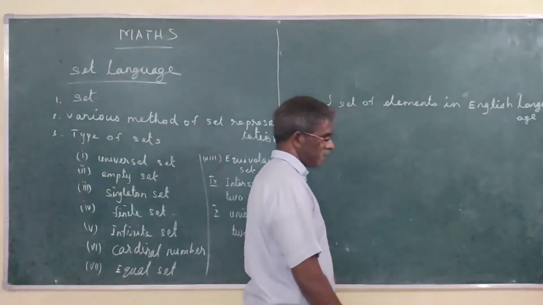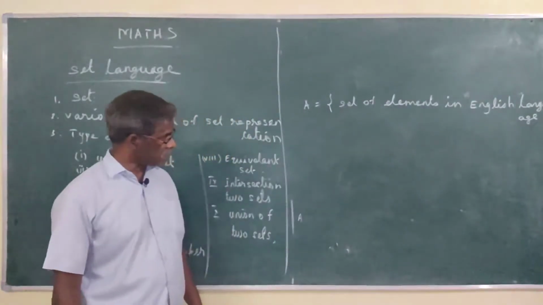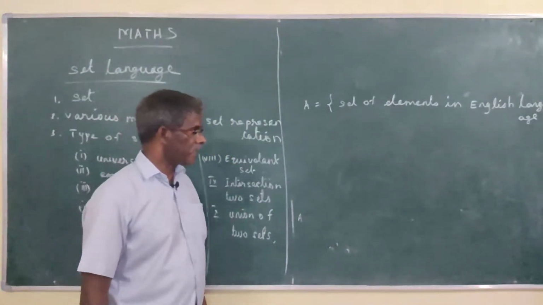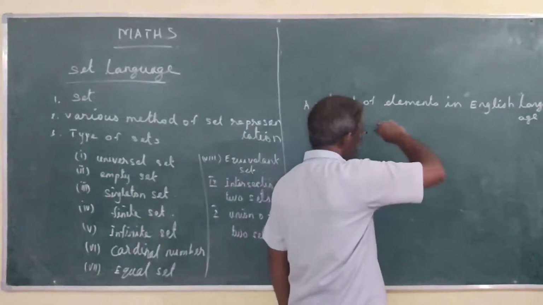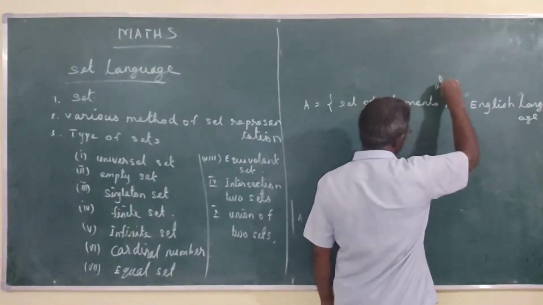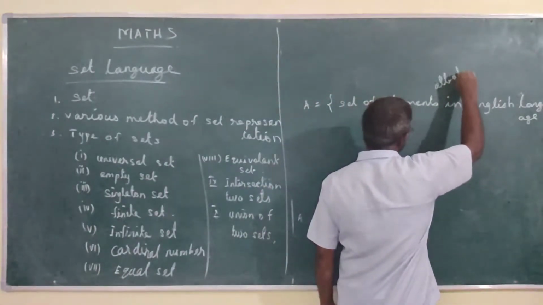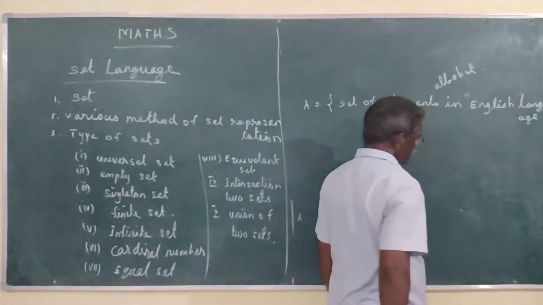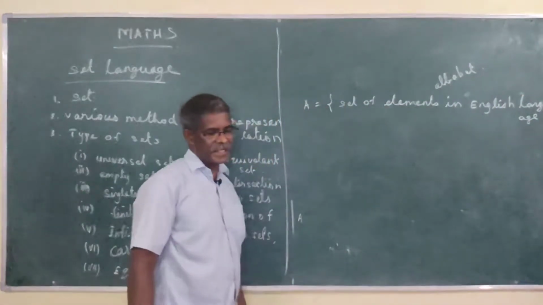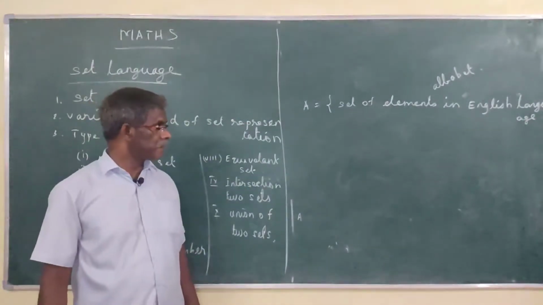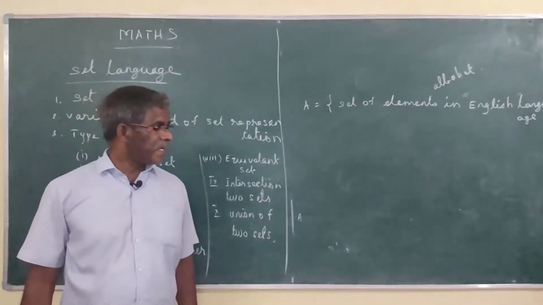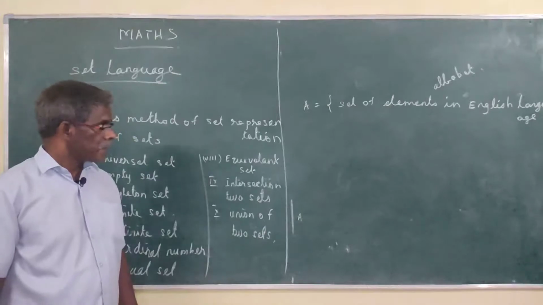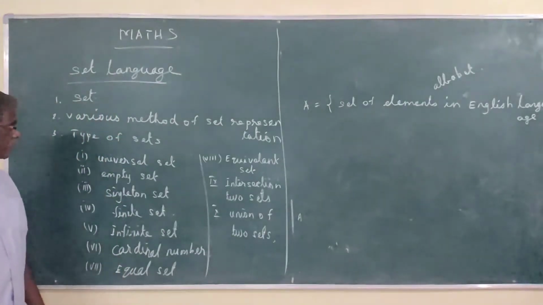We know that there are 26 letters, so 26 elements: A, B, C, D up to Z. This is a well defined object. So set is the collection of well defined objects.